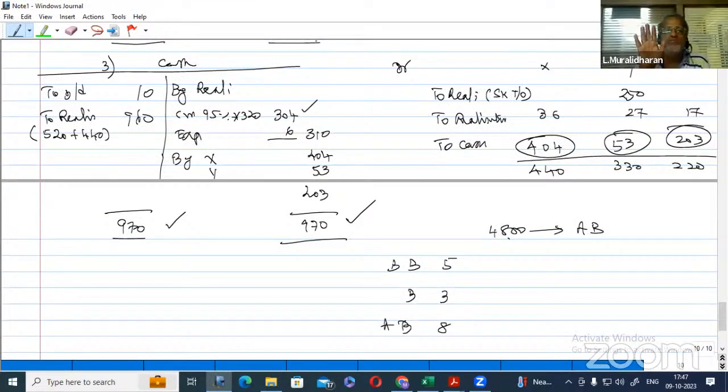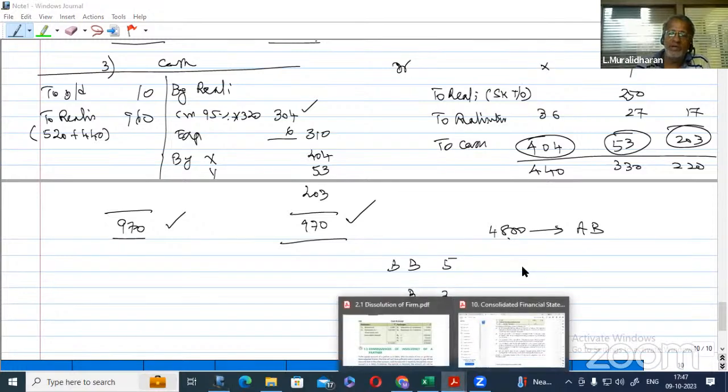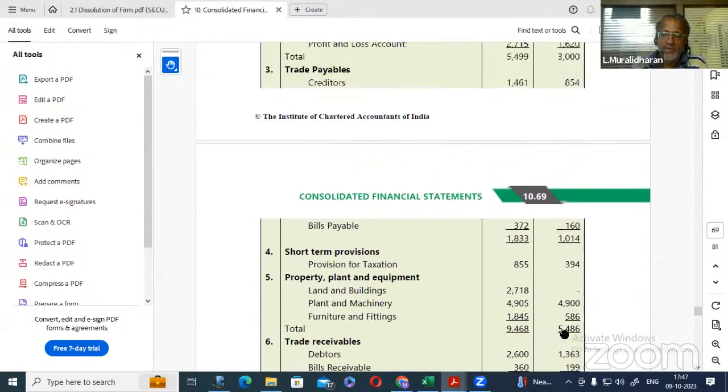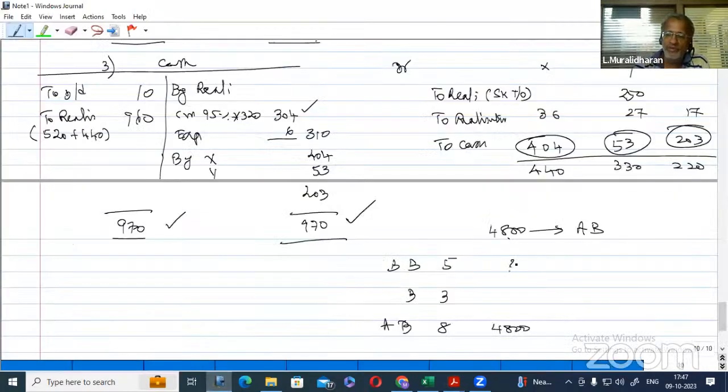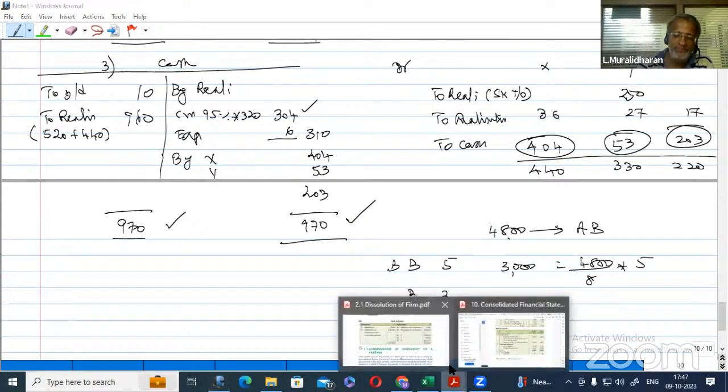Before bonus when I have 5, bonus being 3, after bonus it is going to be 8. So after bonus it is 4,800. How do you know it is 4,800? They have given it in their capital. What should have been the number before this? 4,800 divided by 8 multiplied by 5. It should have been 3,000.